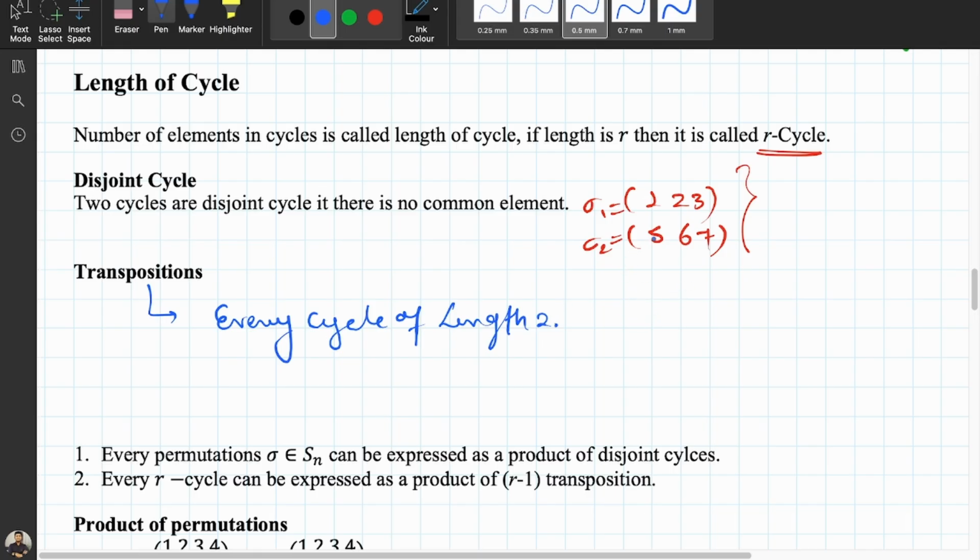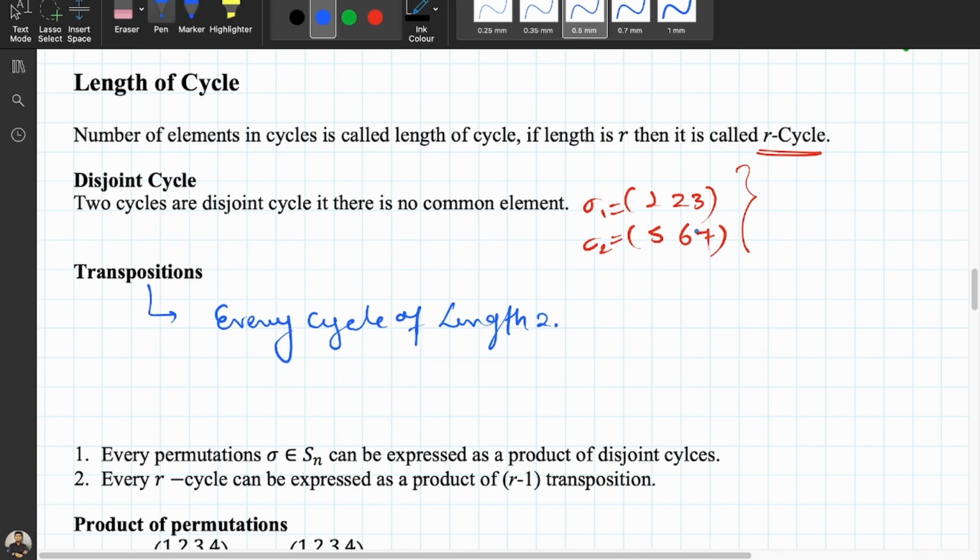One thing is that any cycle can be expressed as a product of disjoint cycles, and can be expressed in terms of transpositions.